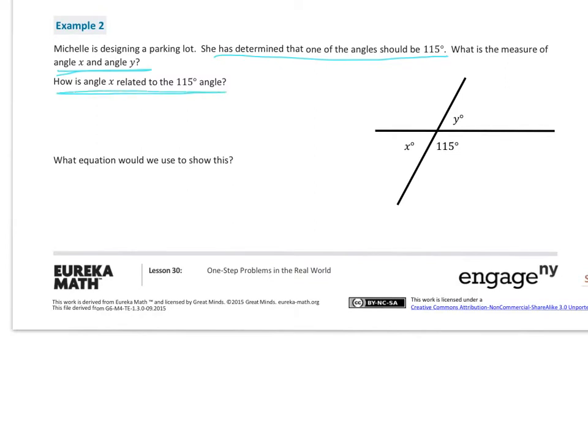How is angle x related to the 115 degree angle? Well, we know this angle right here is 115, and we know that this whole thing, because it's a straight line, would be 180. So if both of them combined are 180, and this is taking up 115, then we know that x equals 180 minus 115.